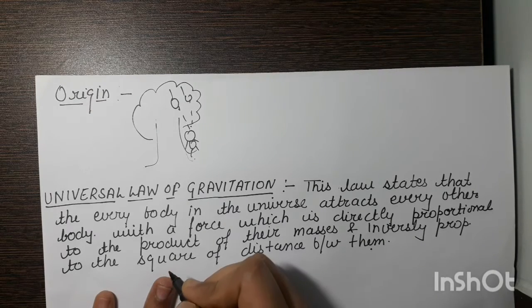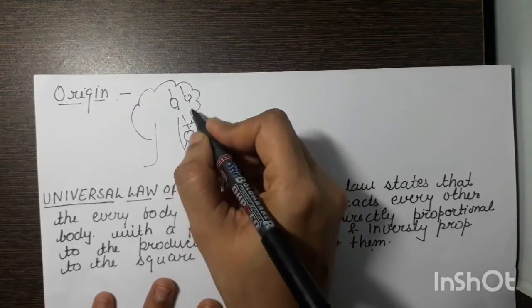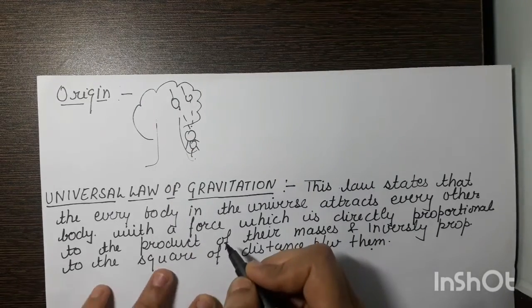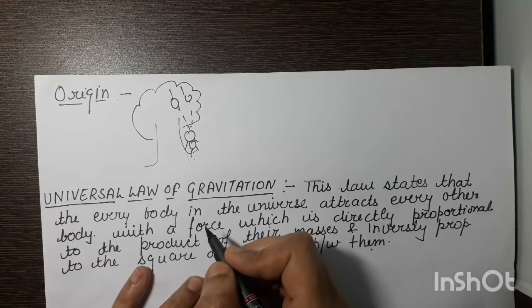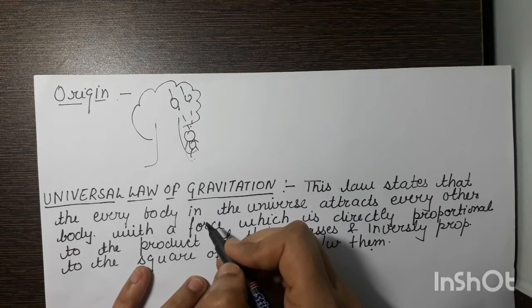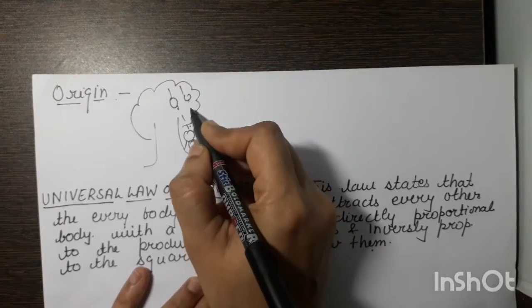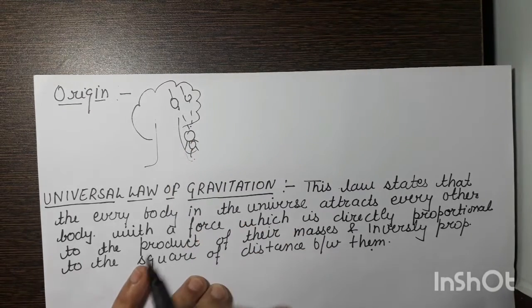Then he examined why this happened, why this apple fell downwards. Then he came to know that there is some force existing that is pulling the apple in the downward direction. Then he said that this force of attraction is the force of gravitation.